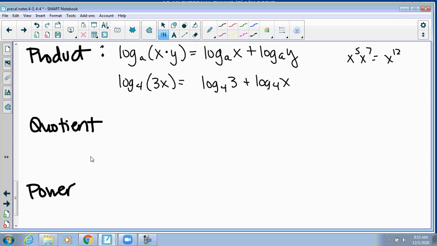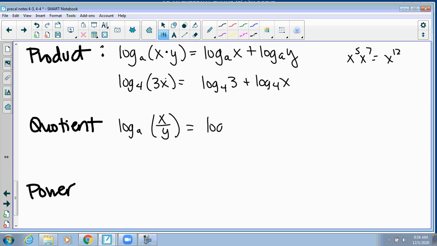Right? Our quotient property is going to be dividing rather than multiplying, but very, very similar. So our quotient, we've got log base a of x over y.